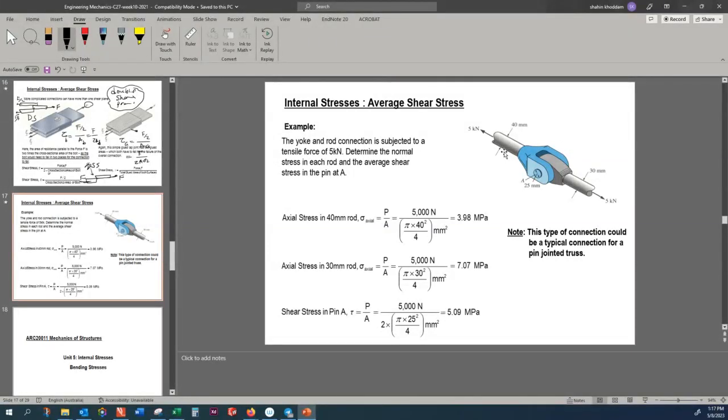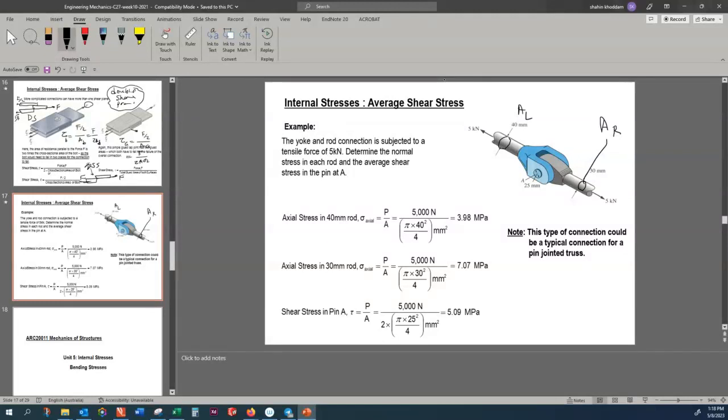So here I have the left hand side made of a rod, and the right is a rectangular area. And these are normal stresses because the force is divided by that area, the very same force divided by that area.